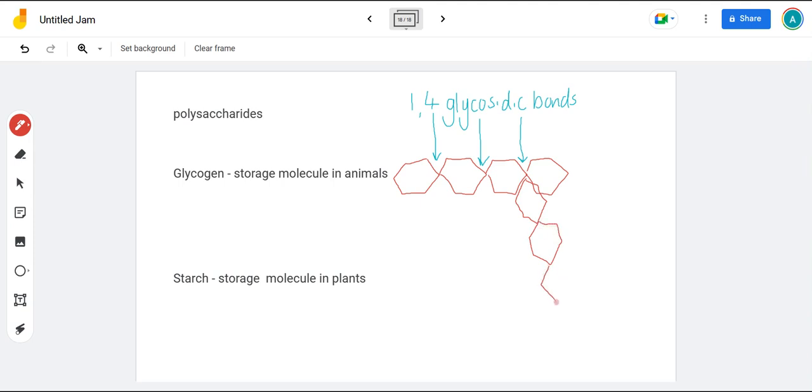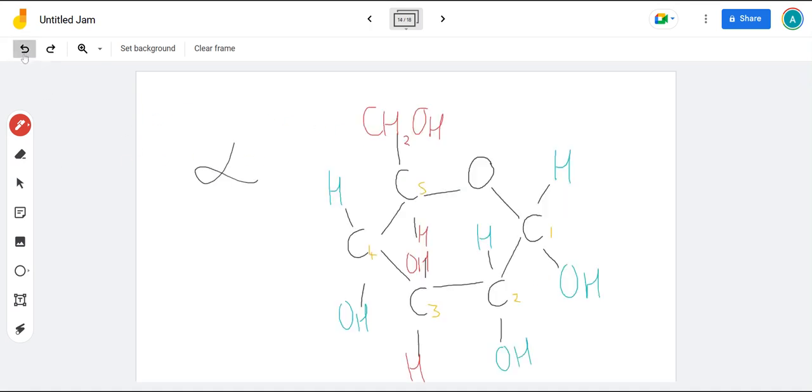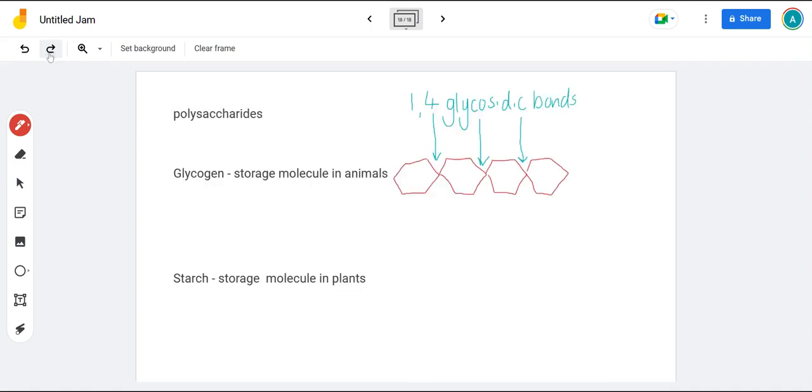Branch might come along like this. Let's go back. So we want to join it. Let's draw it off the end here, it'll be easier. So this is our carbon number 1, and then we want to join to the carbon number 6.